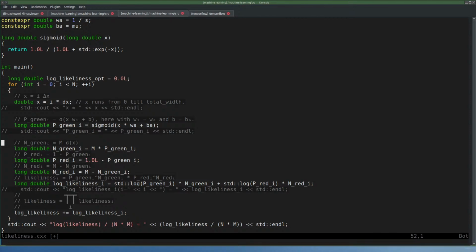Now the fraction that is green at x equals, well, that's really just x times WA plus BA.